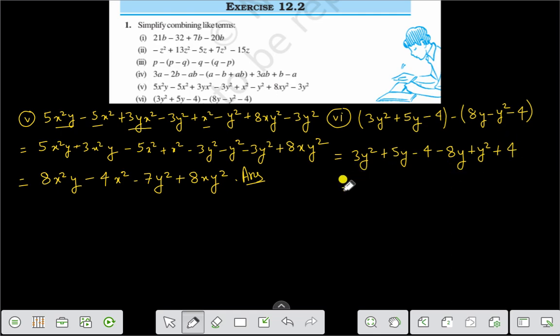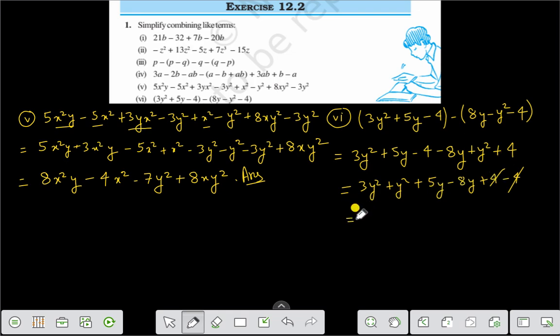Therefore, here it is y square and here it is y square, there is 3y square plus y square, plus 5y minus 8y, plus 4 minus 4. This will cancel, right?